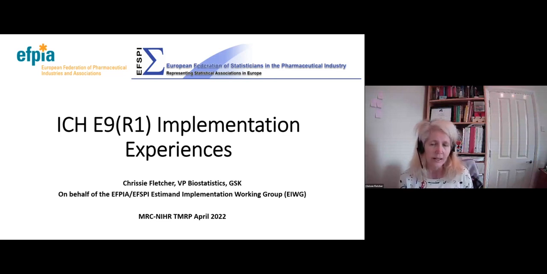We have been excluding randomized patients, and that is no longer where we should be when we're trying to estimate unbiased treatment effects. We've been calling analyses intention to treat when they're not intention to treat. So we have to realize we've gone down a path in the last 10, 15 years where we have become misaligned to E9. That was what drove E9R1 to be put in place.